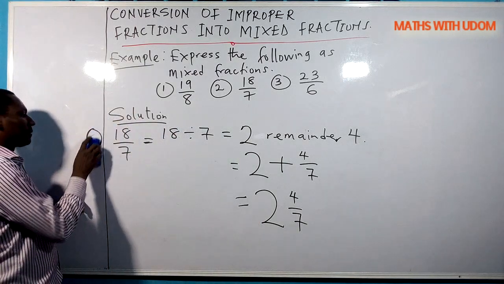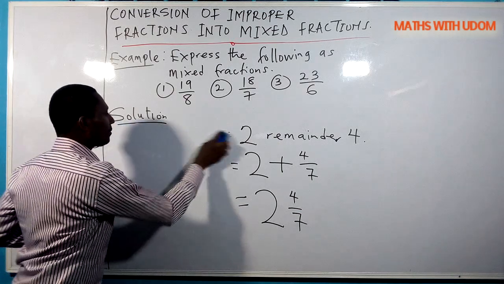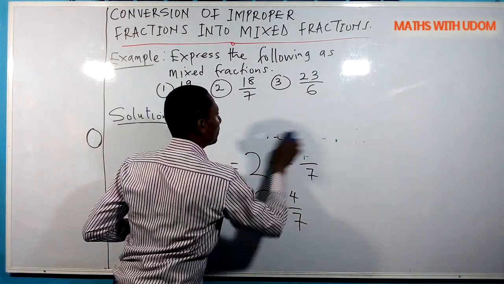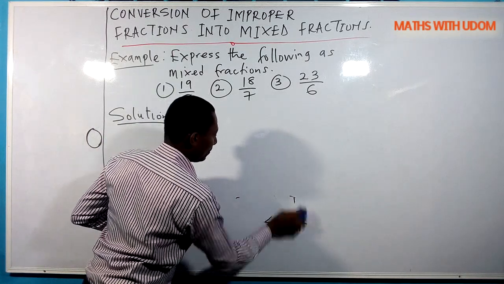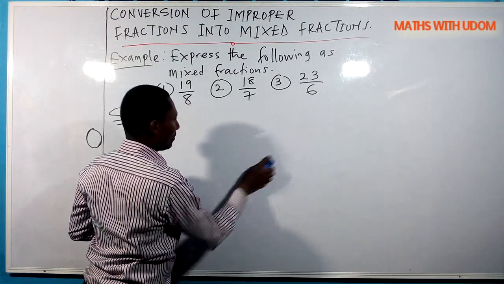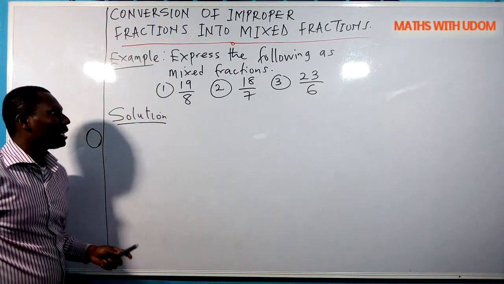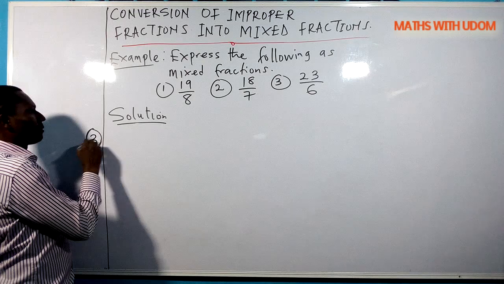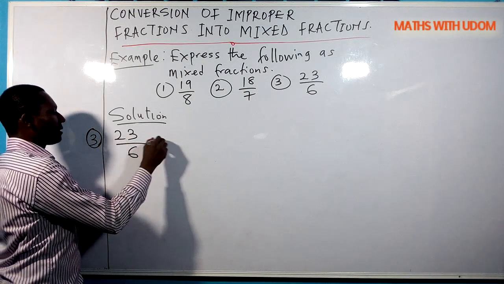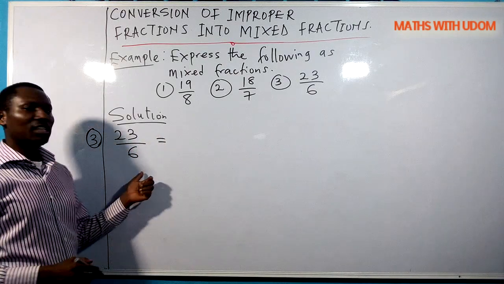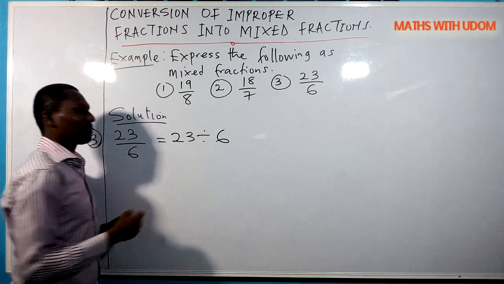Let's have the third example. Example 3. What do we have? 23 divided by 6.